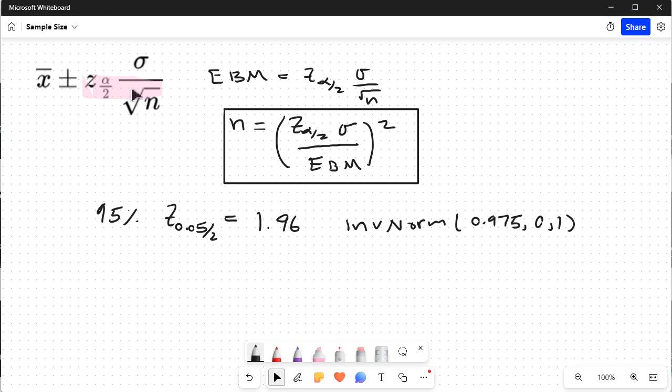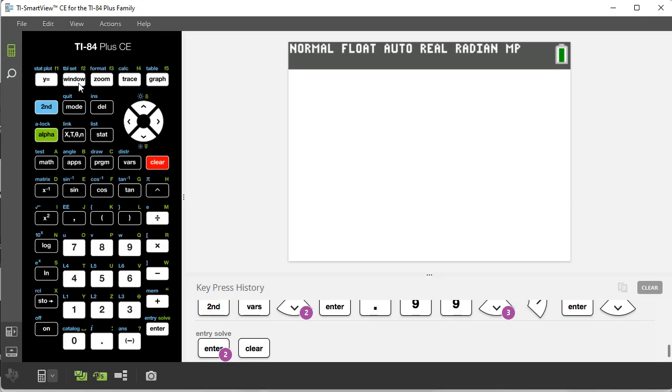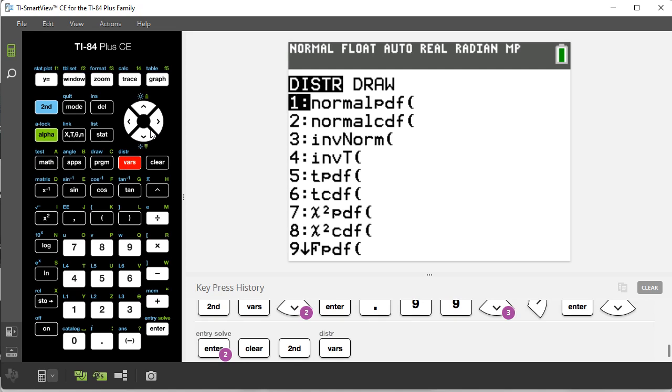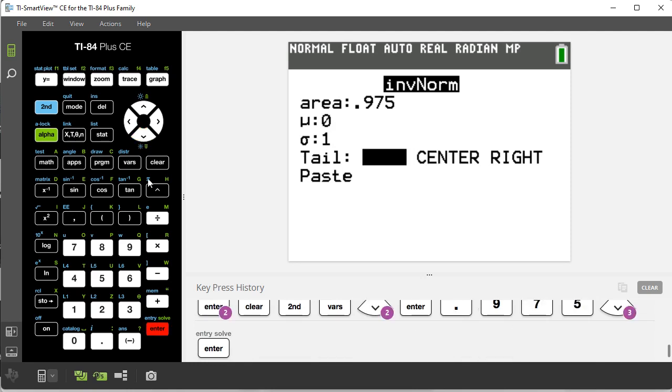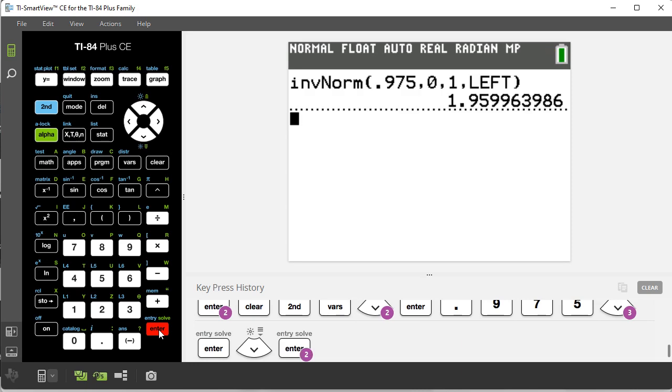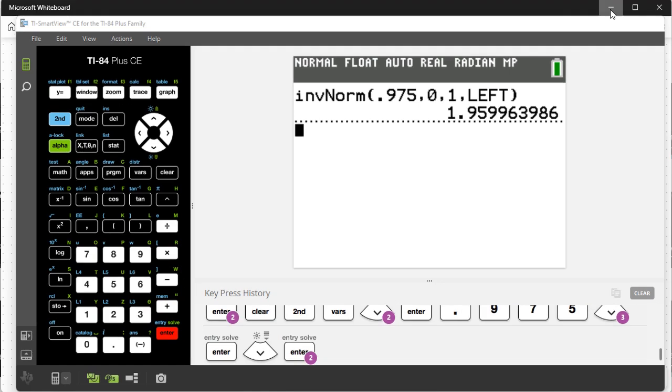Then it gives us 1.96. On the calculator, second vars, inverse norm, and we'll do 0.975, selecting the left side, and if we approximate, it's 1.96.